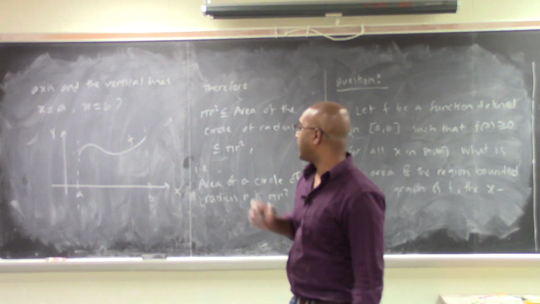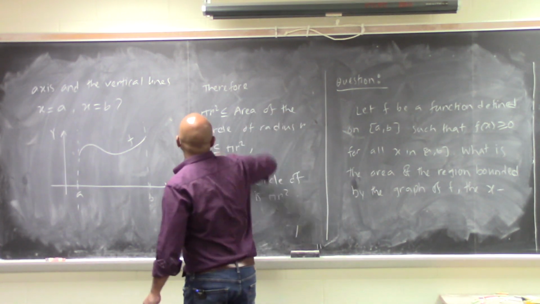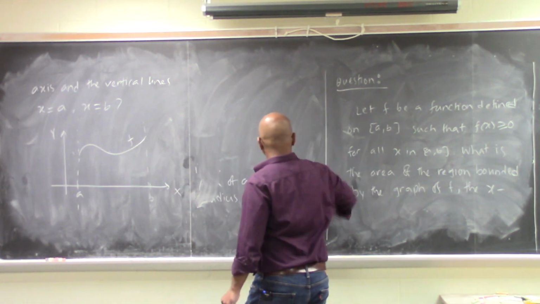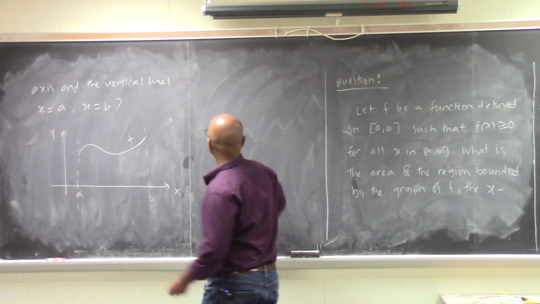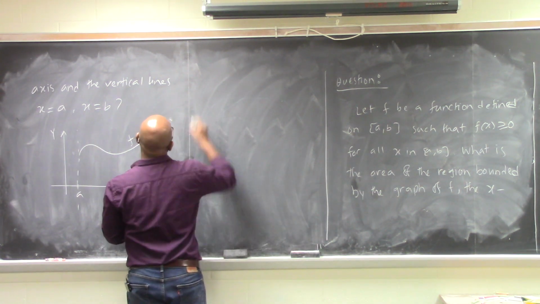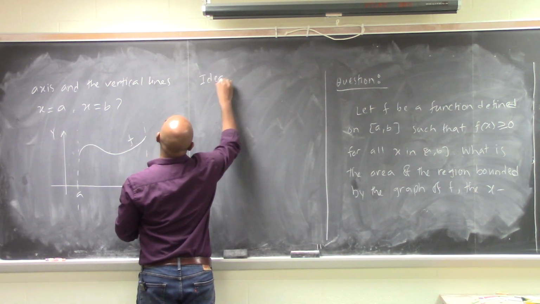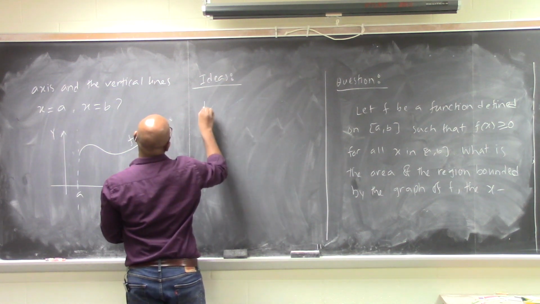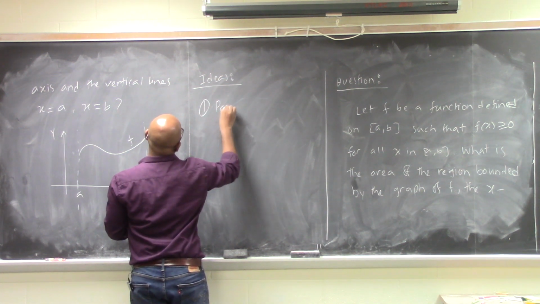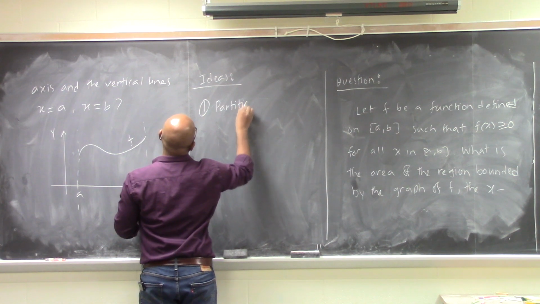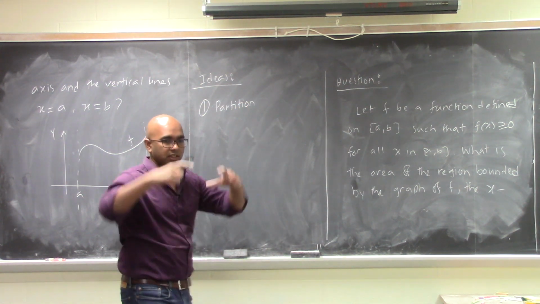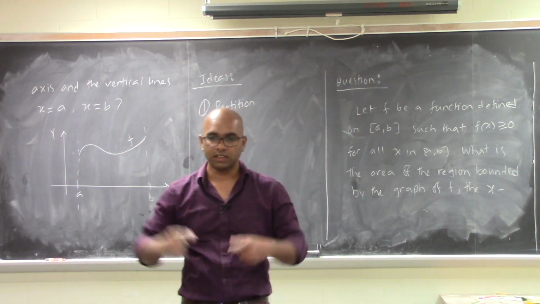So the idea here is this: we need a few ideas. The ideas to solve these problems are this: partition. Okay, so that's what Archimedes did. He took this whole circle and then what?